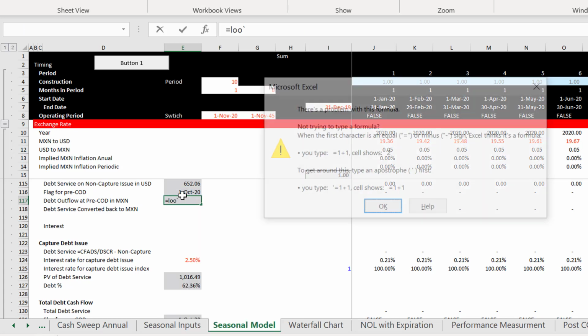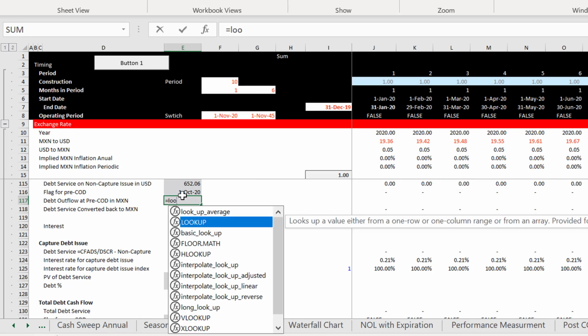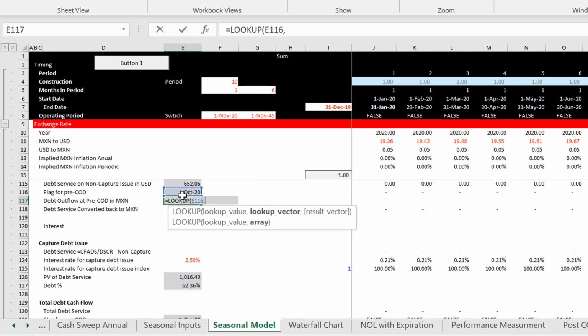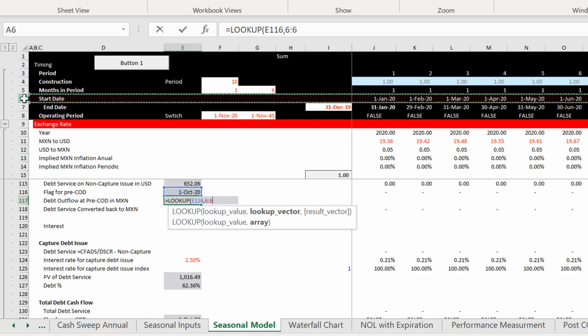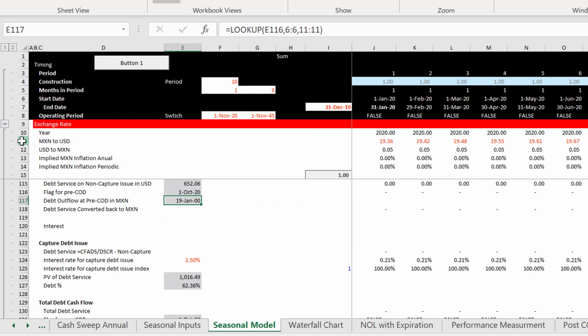Oh, I put too many lookups in there. Then we'll click on this one and click on the start date, and then click on the exchange rate at that date. Okay, so that's our exchange rate.